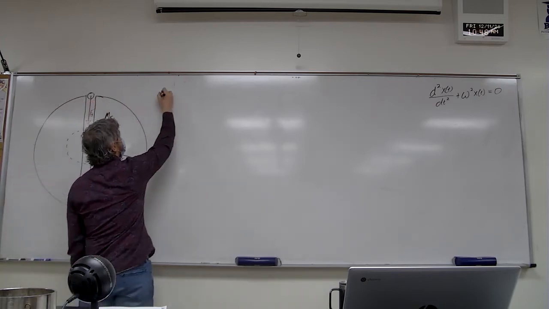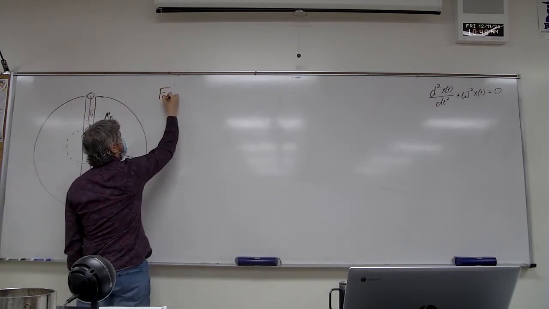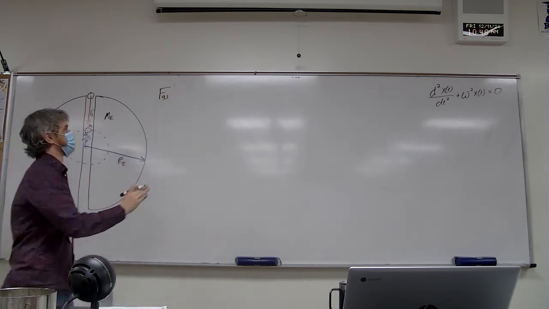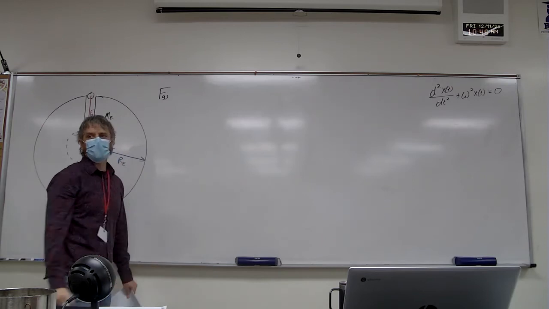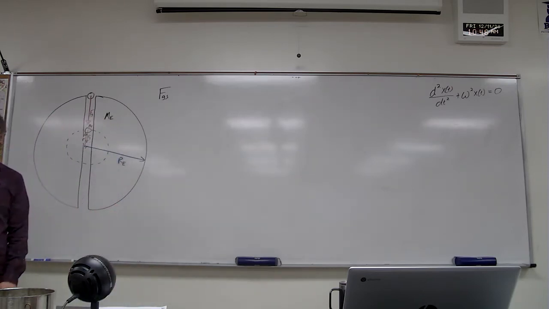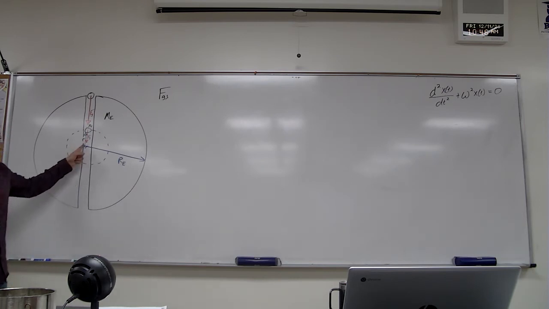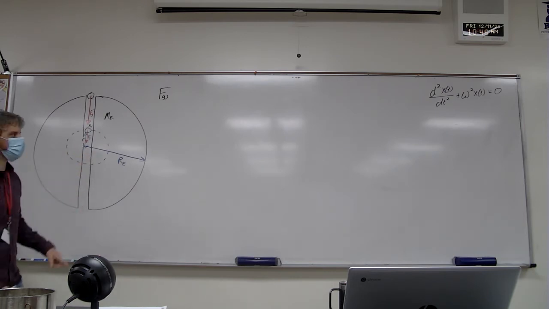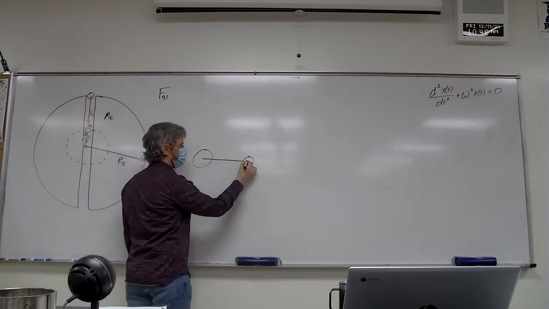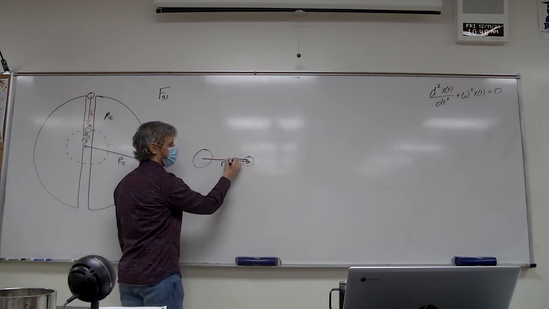Now we will be using this in a minute, but I'm just going to write it at the surface. The force, I'll put Fg, comma S, force of gravity at the surface. We got to be a little more careful here. For big kids now, force of gravity is not just big G m1 m2 over r squared. It is negative big G m1 m2 over r squared, because the position vector is always drawn from the center of the Earth, right? When we use Newton's law of gravitation, this is r, and the force is this way.